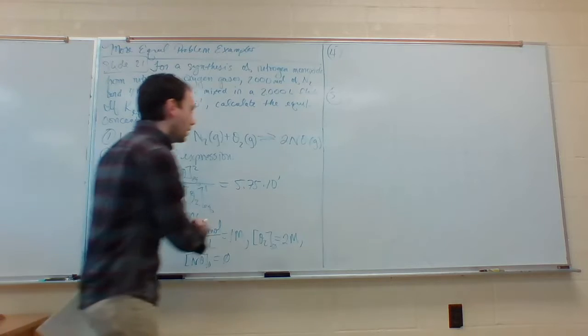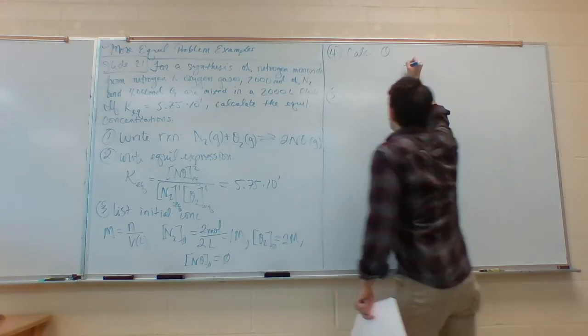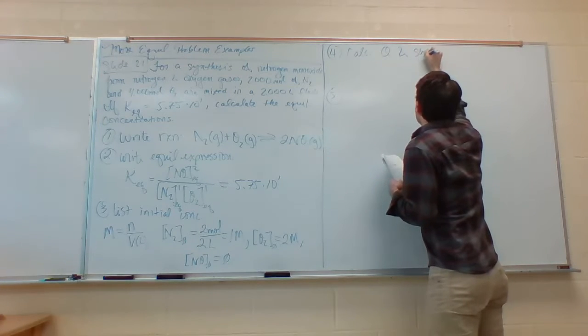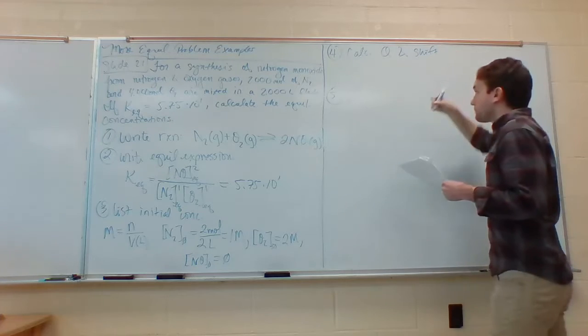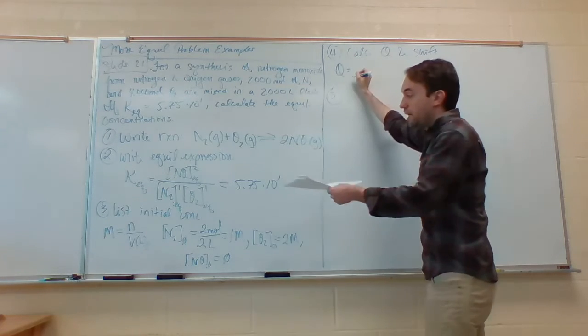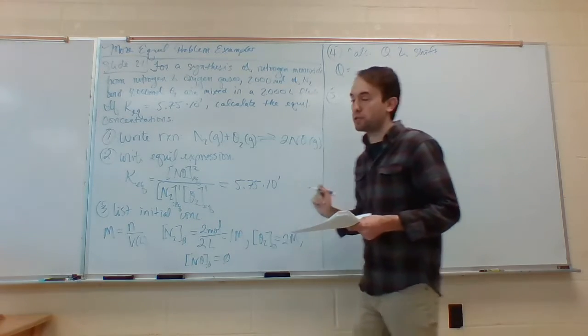All right, so now that I've got my 3 concentrations, I can calculate my reaction quotient, as well as determine the shift, okay? So we calculate Q the exact same way that we calculate K, except we use our initial concentrations rather than our equilibrium concentrations.